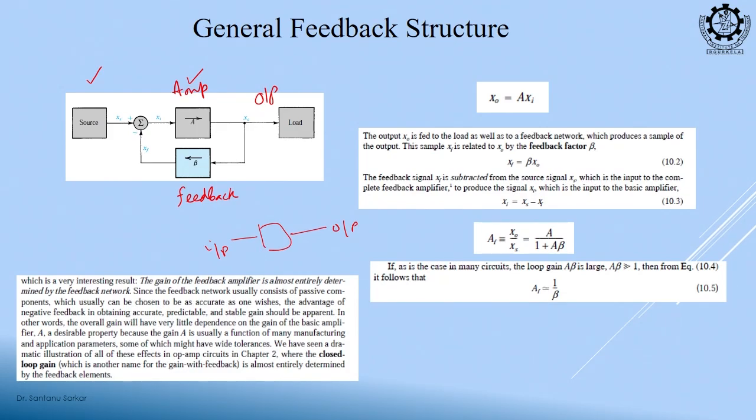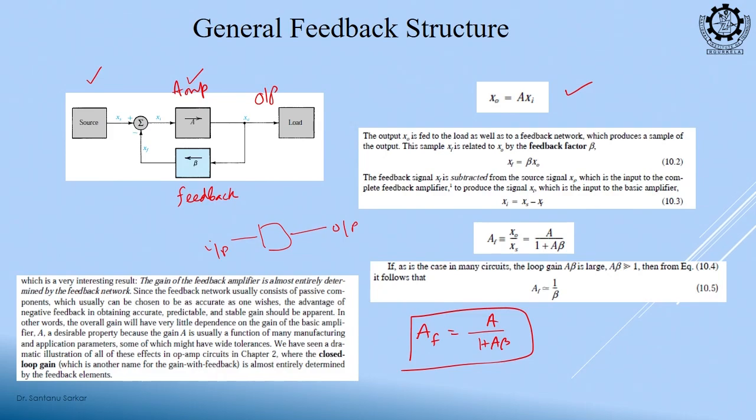Clear? So, what are we doing? The terminology is a little different: they have used xs here, I have used xi there. I hope you will understand. Finally, the closed loop gain will be A by 1 plus A beta, that is important and you know how to derive that.